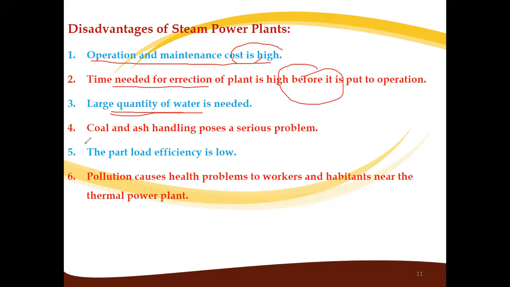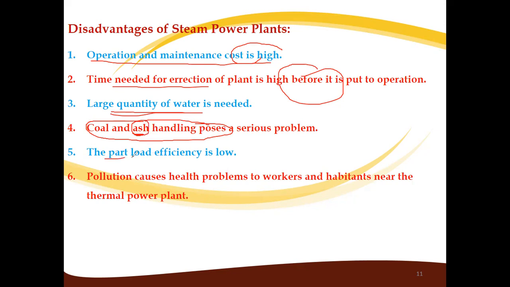Next one is the main problem in case of this steam power plant. It is coal handling and the byproduct of burning the coal, that is ash handling. These are the serious problems in case of a steam power plant. So how can we handle the coal and how can we handle this ash, that is the byproduct after burning the coal? So this is the serious problem.